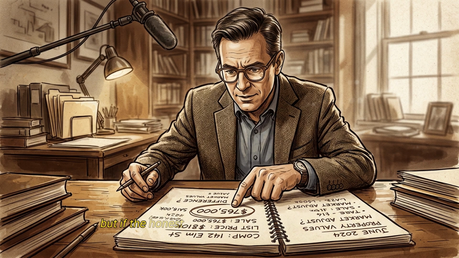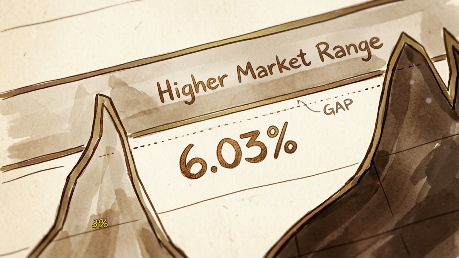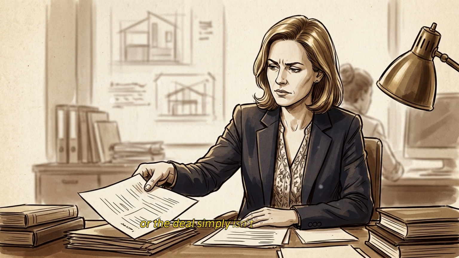But if the honest market range for this exact profile is closer to 6.5% to 7%, then even our corrected, more conservative 6.03% number suggests this building might be overpriced relative to comparable assets, meaning the $12 million asking price has room to be negotiated downward, or the deal simply isn't as attractive as the marketing suggests.